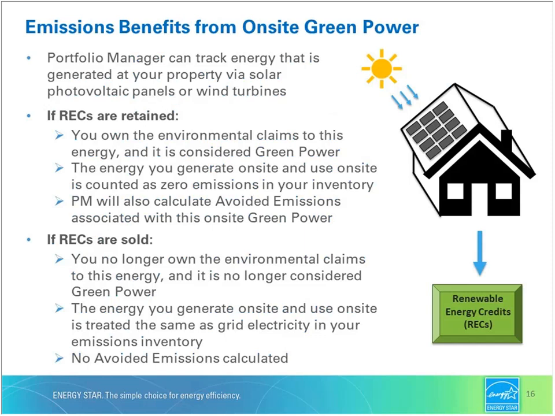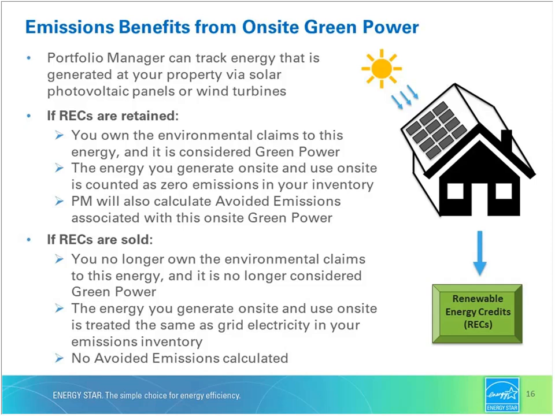Let's start with the emissions benefits from on-site green power. As many of you are probably aware, Portfolio Manager does contain functionality that allows you to track energy consumption that was generated on-site at your property via solar PV or wind turbines.